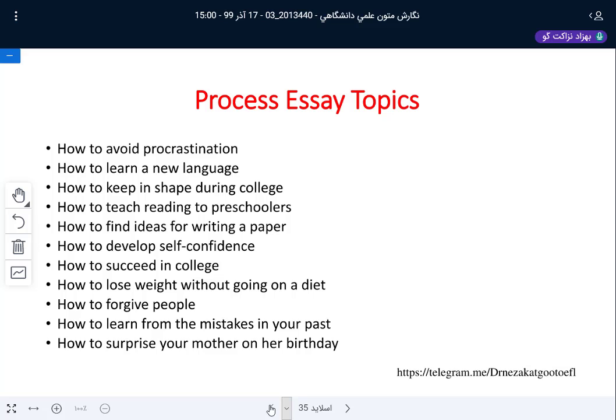Please take a picture of this part, or take a screenshot. For the next session, I expect you to write your first assignment. Choose one of them and develop a five-paragraph essay.